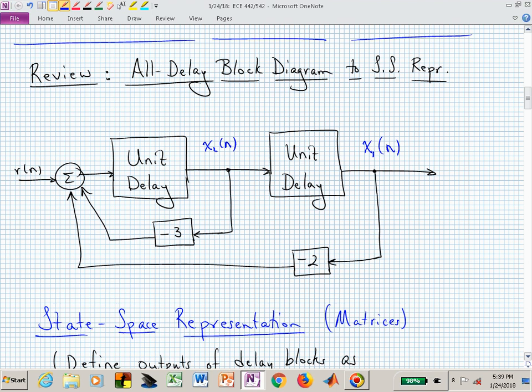But once we have this labeling, then we can go to the input side of each of those delay blocks and write down what that equals, which in this case, this one becomes x sub 1 of n plus 1, and this signal right here is x sub 2 of n plus 1.